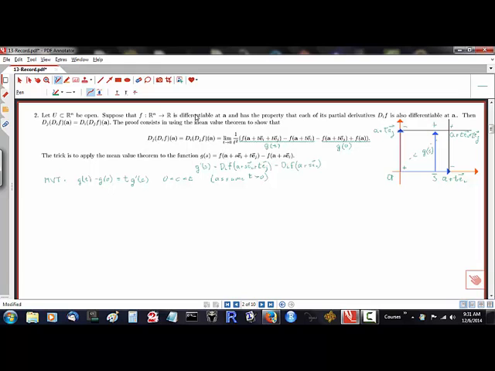Now, we're assuming not only that f is differentiable at a, but that also each of its partial derivatives is differentiable at a.